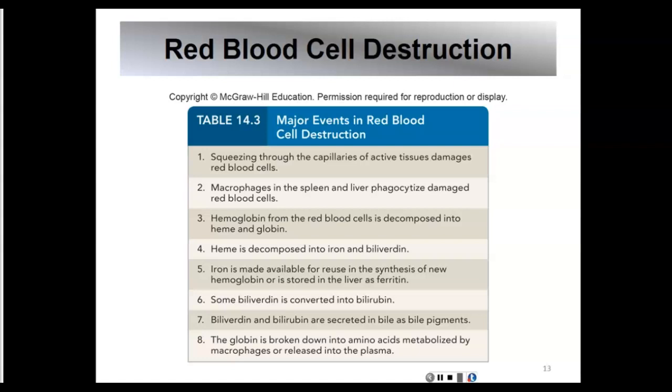Heme is then decomposed into iron and biliverdin. The iron is then made available for reuse in the synthesis of new hemoglobin or is stored in the liver as ferritin. Some biliverdin is converted to bilirubin. Biliverdin and bilirubin are secreted in bile as bile pigments. The globin is then broken down into amino acids metabolized by macrophages and released into the plasma.